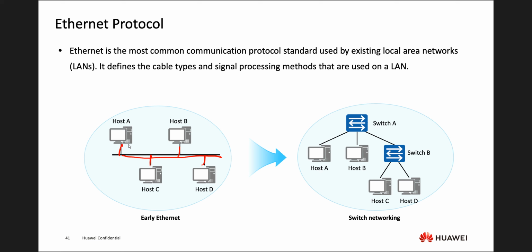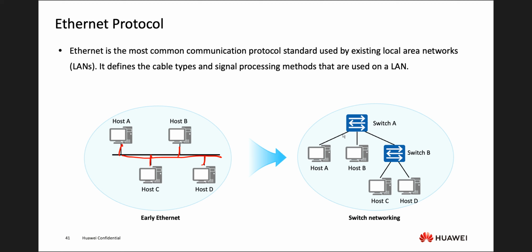So for that, they created the switch, and the switch basically is there now to manage traffic, let's say virtual LANs or VLANs in this case, and it's also there to detect collisions. So it has that mechanism built in to detect collisions on the network.